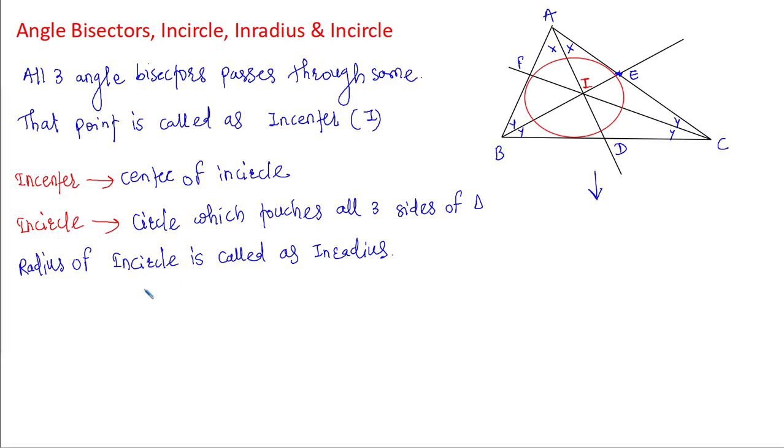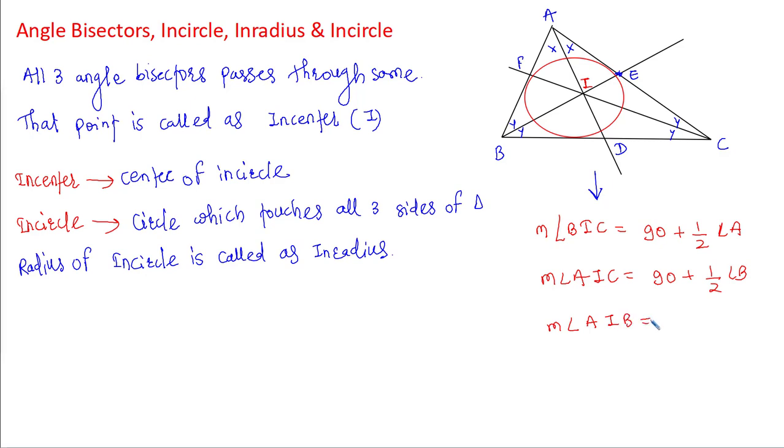The formula is: the measurement of angle BIC is equal to 90 plus half of angle A. Similarly, the measurement of angle AIC is equal to 90 plus half of angle B, and the measurement of angle AIB is equal to 90 plus half of angle C. Even if you don't remember these three formulas, you will still be able to solve related questions using the basic concepts of geometry.